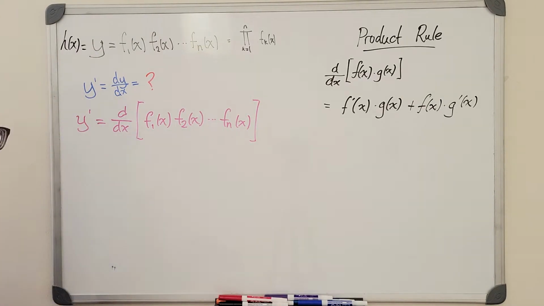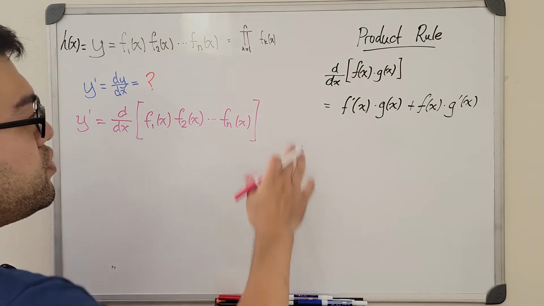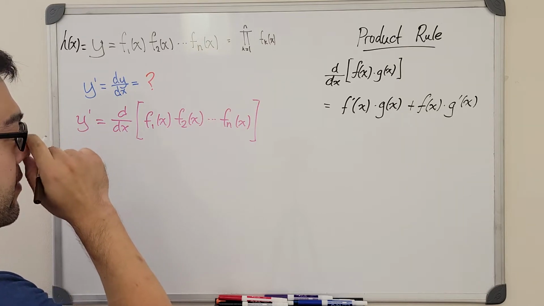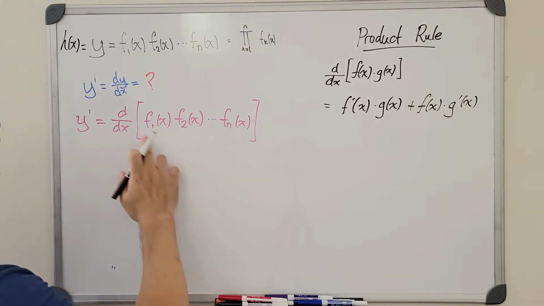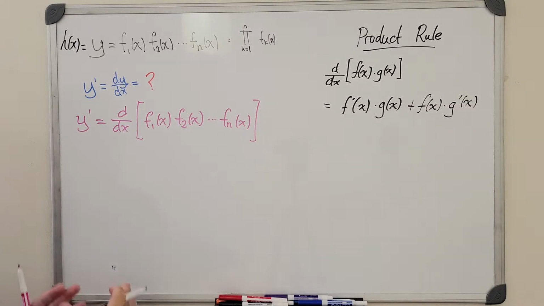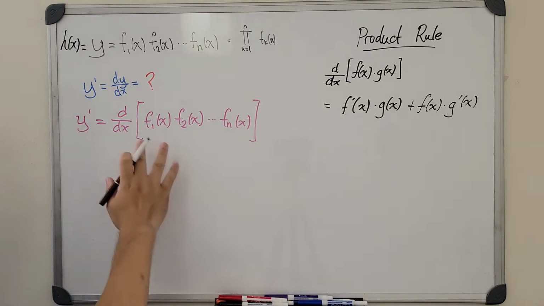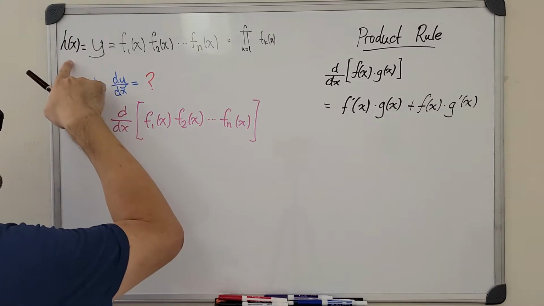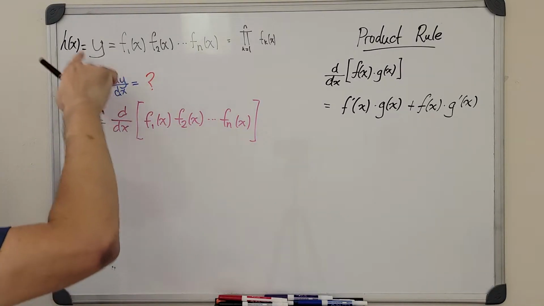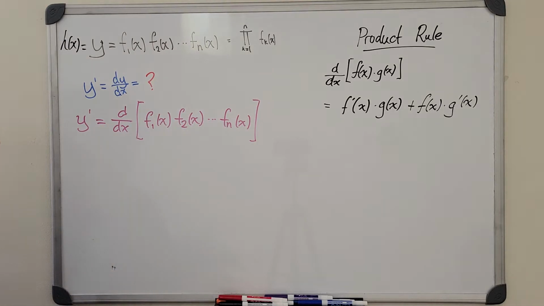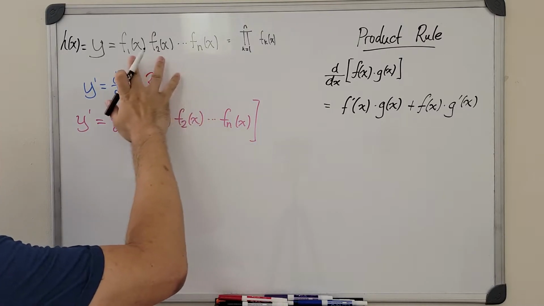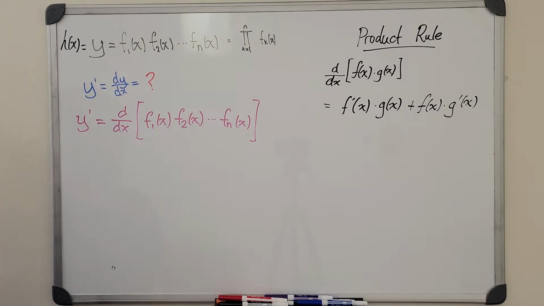Since we want to use the product rule to help us, we need to split the product of n terms into one term times something else, so that we just have a product of two functions. Since this function is a product of n different functions, we can multiply any of the small functions inside, and it will still give us a function.